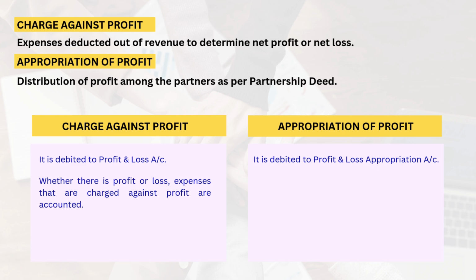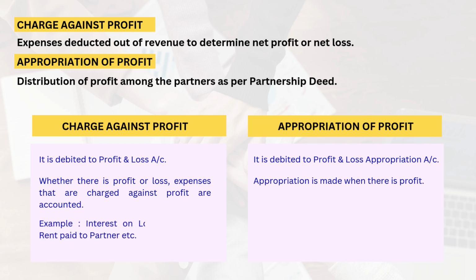In case of appropriation of profit, appropriation is made when there is a profit. Again, for charge against profit, examples are interest on loan by partner, rent paid to partner, etc. And appropriation of profit, examples are interest on capital, commission to partner, etc.